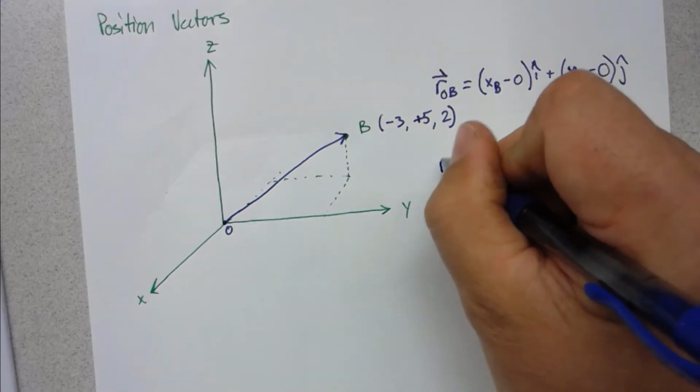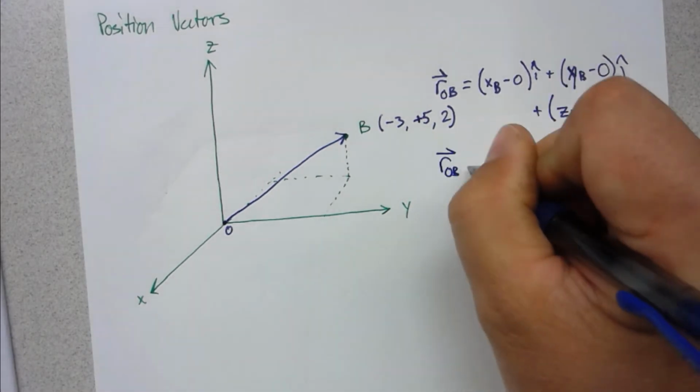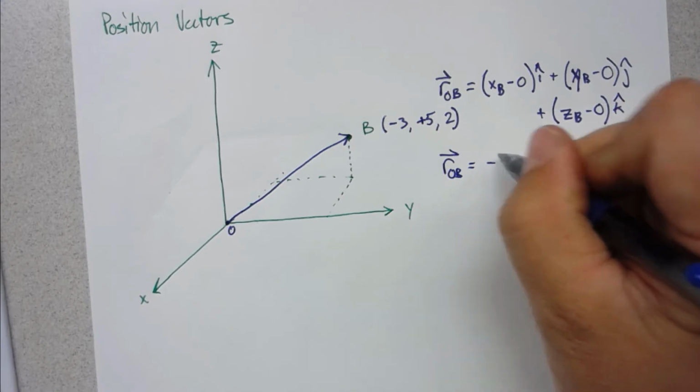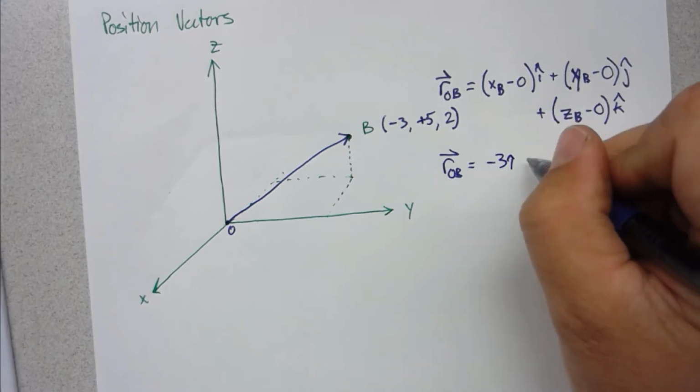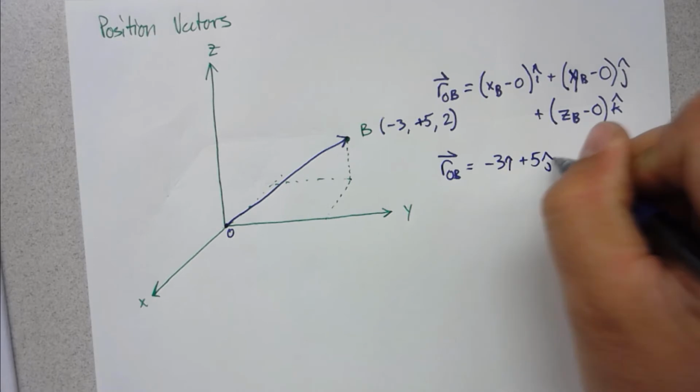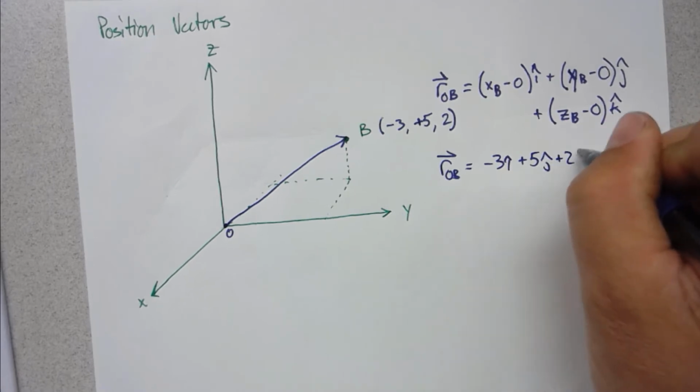So R, O to B just becomes -3 I hat plus 5 j hat plus 2 k hat.